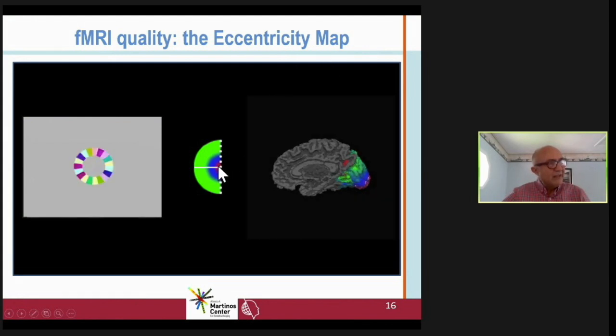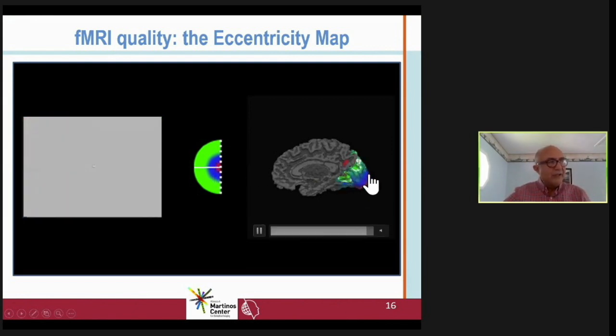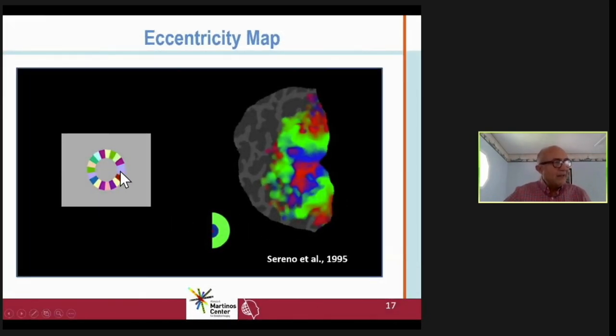You can show how a small area of the visual field is projected into cortex. This is how a normal eccentricity map looks, and a very small portion of about 2 degrees of the visual field corresponds to a large area in the cortex, V1.